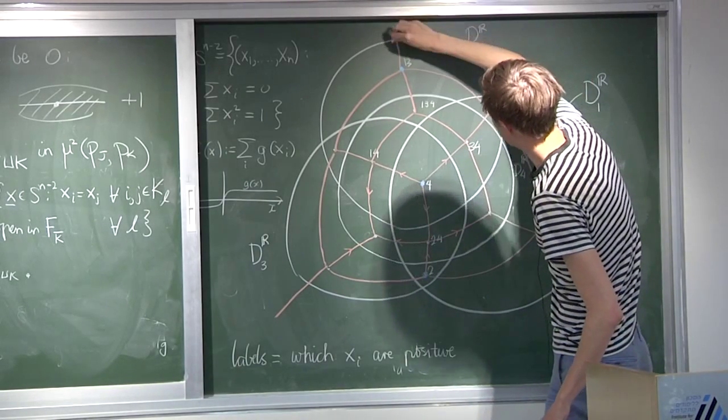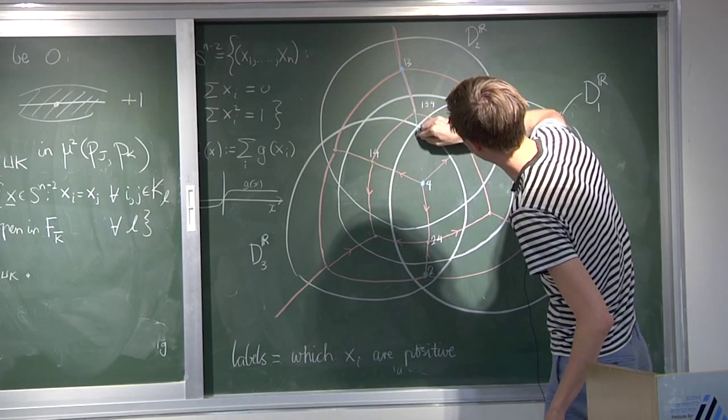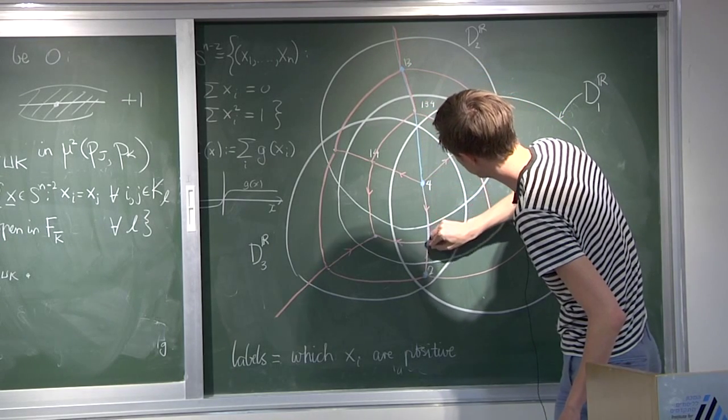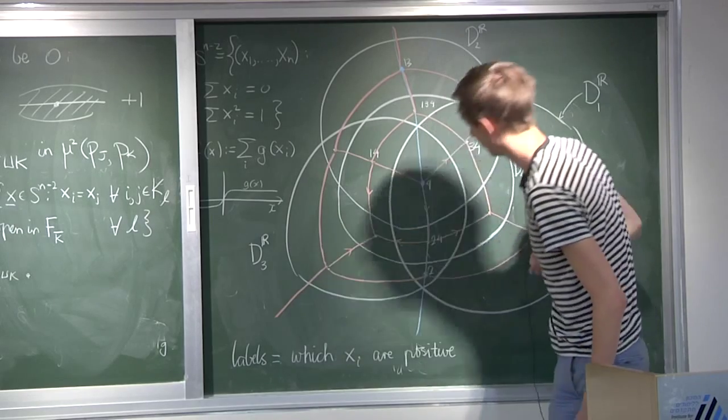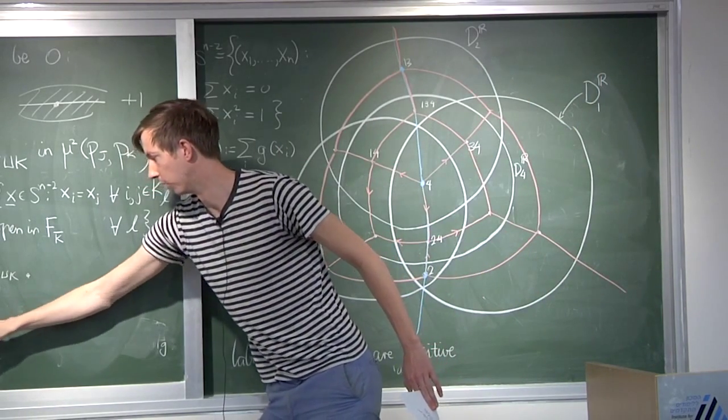And so here is our line that goes through these. That's this F2, 4, 1, 3.